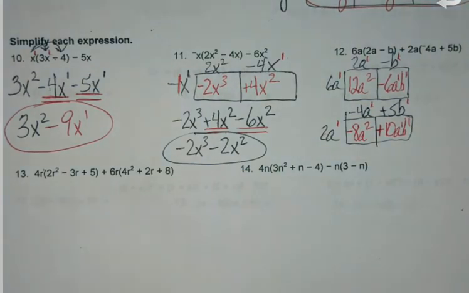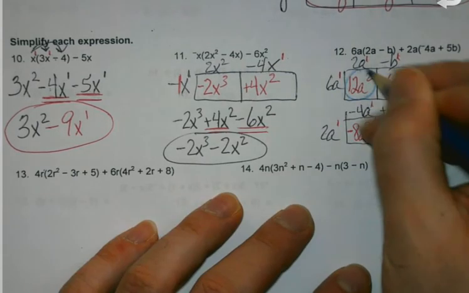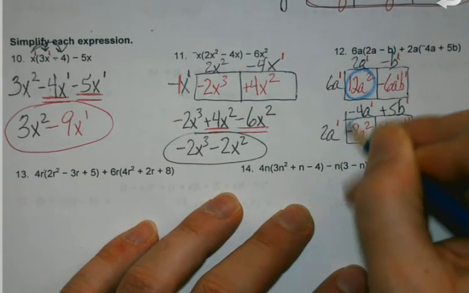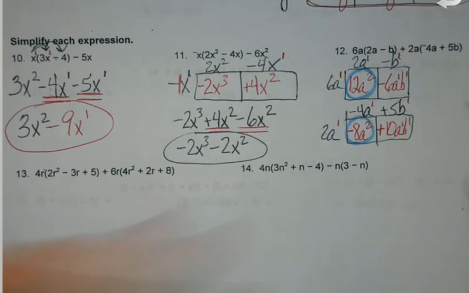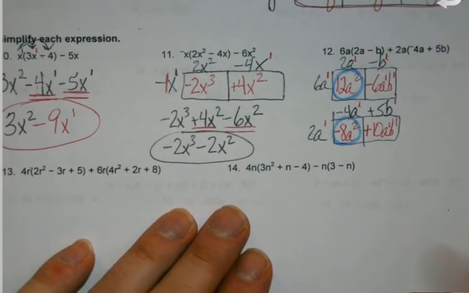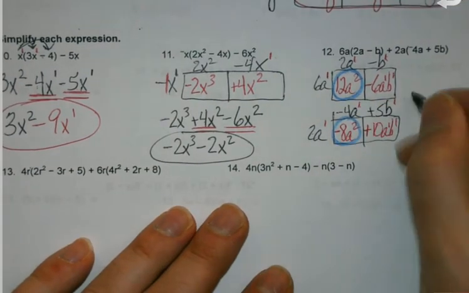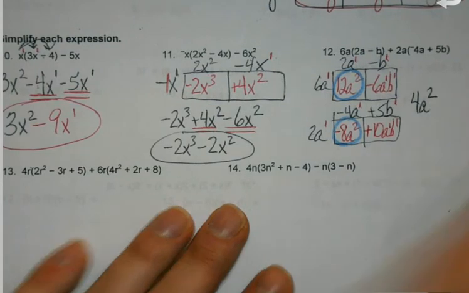And you're like, okay, so now what? Well, if I look, I can even look where they're at right here and find things that are alike. So like I notice this 12a squared and this negative 8a squared, both have a squared, so I can put those together. So 12 minus 8 is 4a squared.